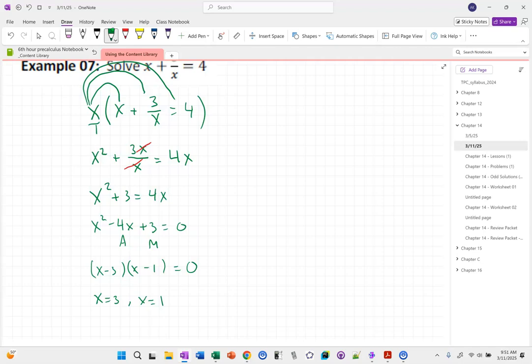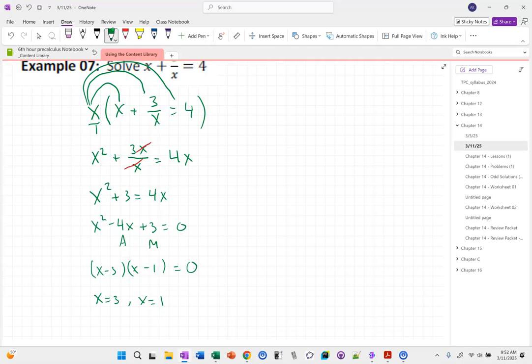Everybody feel okay there? We're not done though, because the equation we actually solved was polynomial. The domain for a polynomial is always all real numbers. The equation we wanted to solve for was a rational equation. The domain for a rational function could have restrictions in it. It could have values that are missing.